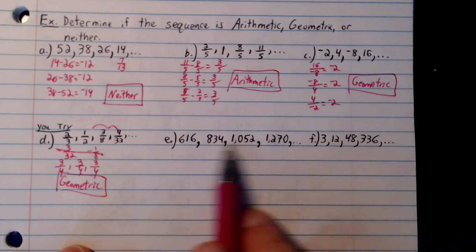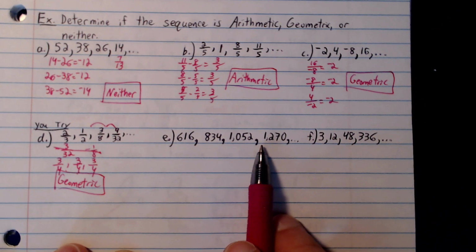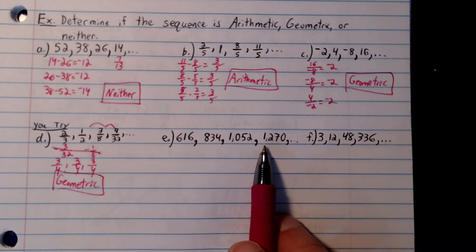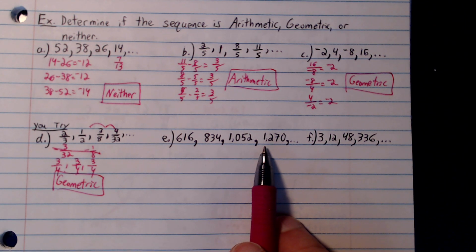Alright, I'm not seeing anything that looks like it's going up in crazy amounts. So let's just try doing arithmetic to start. 1270 minus 1052. Nope. Minus.